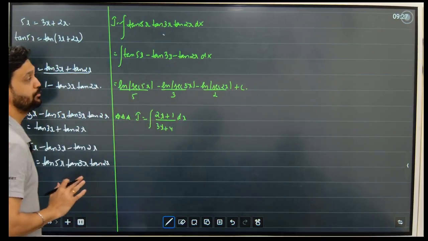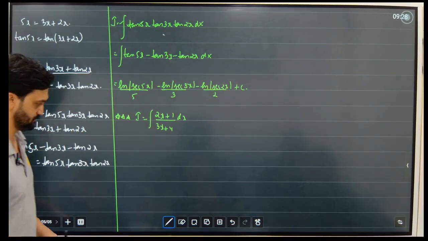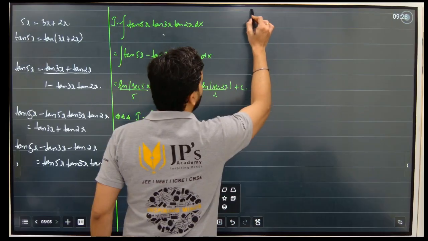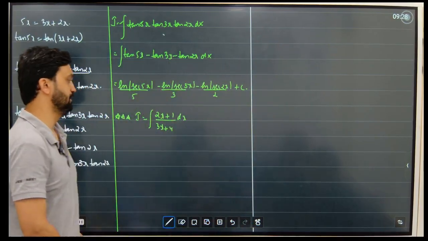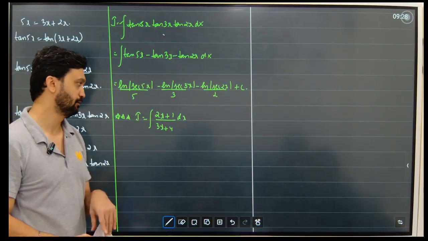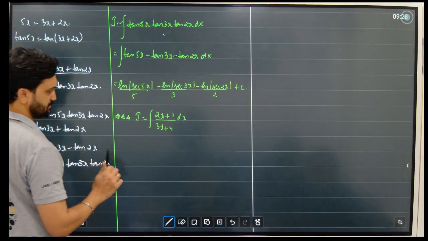I'll solve this same sum by two methods. The actual method, the lengthy method, what will we do when linear upon linear comes? First we'll solve by the normal method and then I'll give you the shortcut for this.